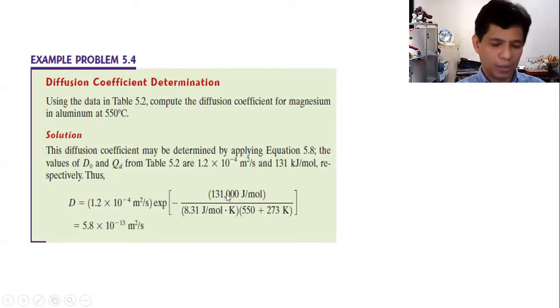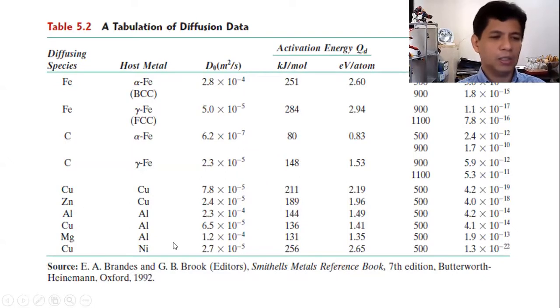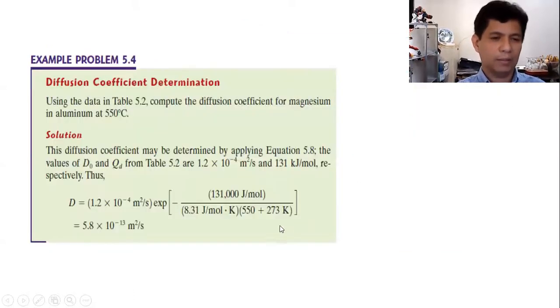Tapos, ito QD, 131 kilojoules per mole. So, kung joules per mole, 131,000 joules per mole. 8.31 na lang ang gamitin nating gas constant, para kamukha tayo ni Callister.